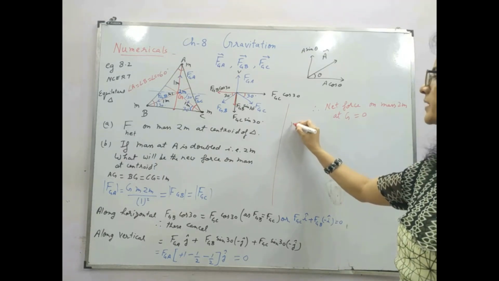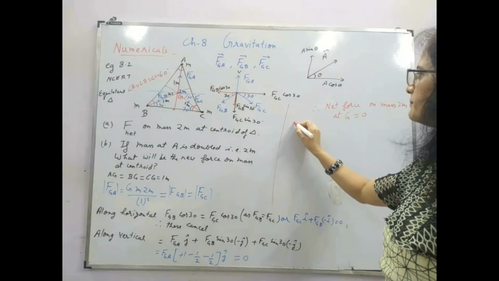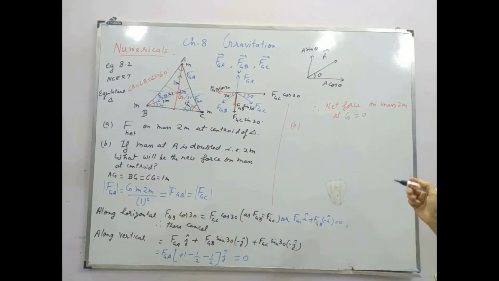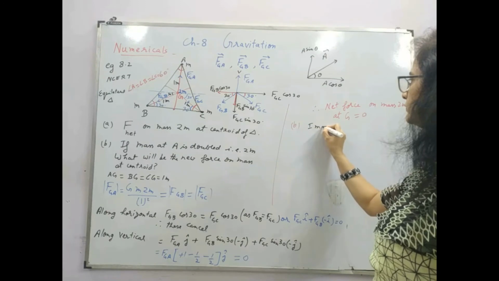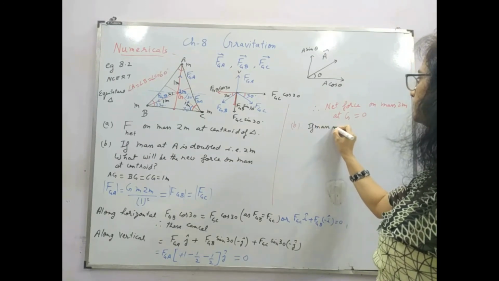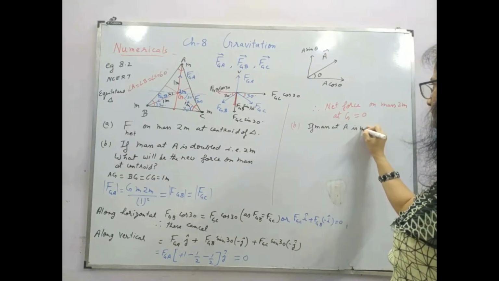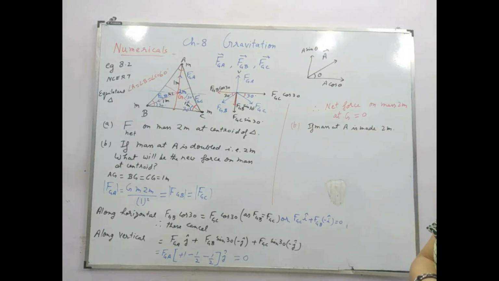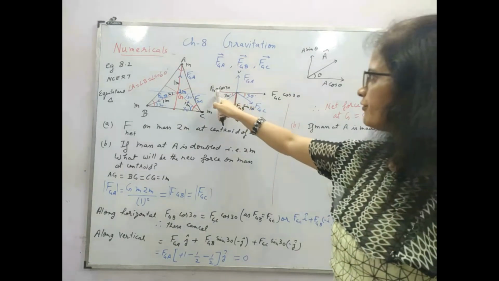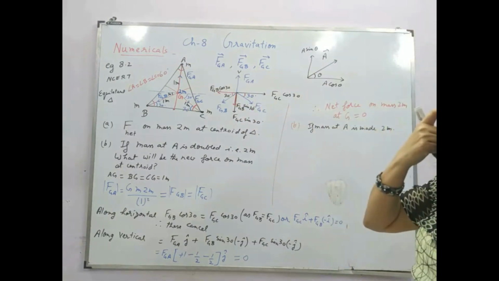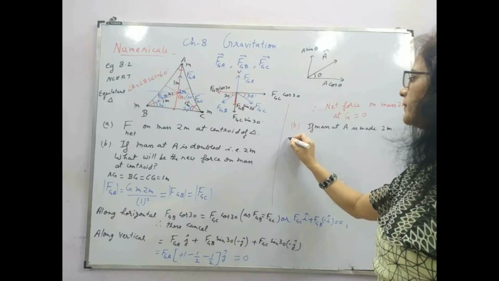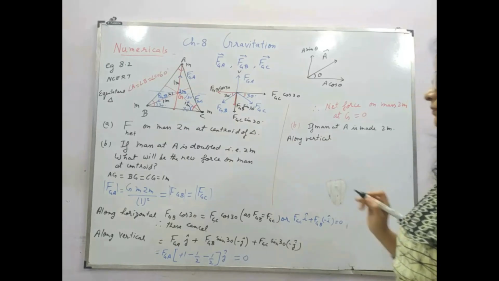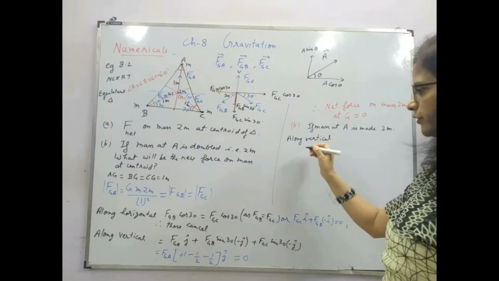So let's take the second part now, that is B part. If mass at A is doubled, what happens to the net force? So there will be no effect on this and this component, but in this case along vertical, what will be the force?